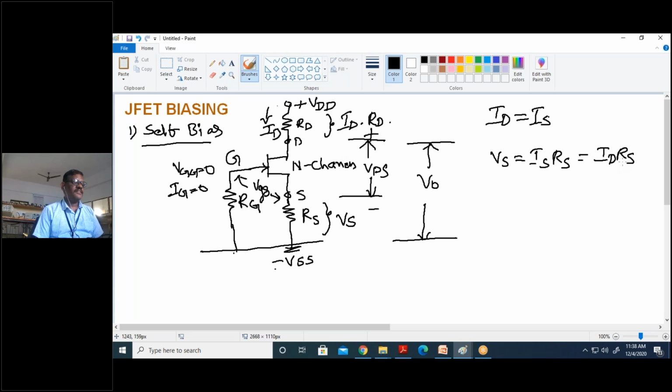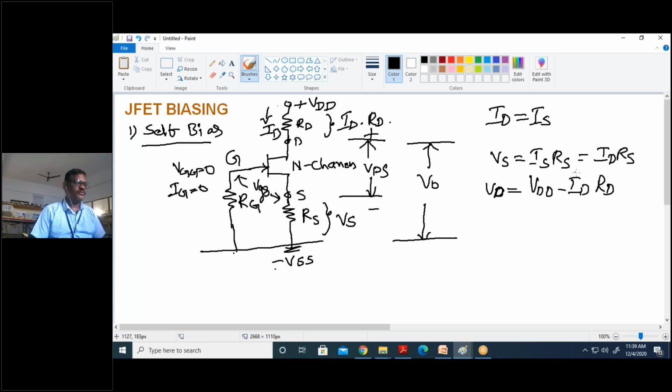It prevents variation in the FET drain current. The drain voltage VD is equal to VDD minus ID into RD.